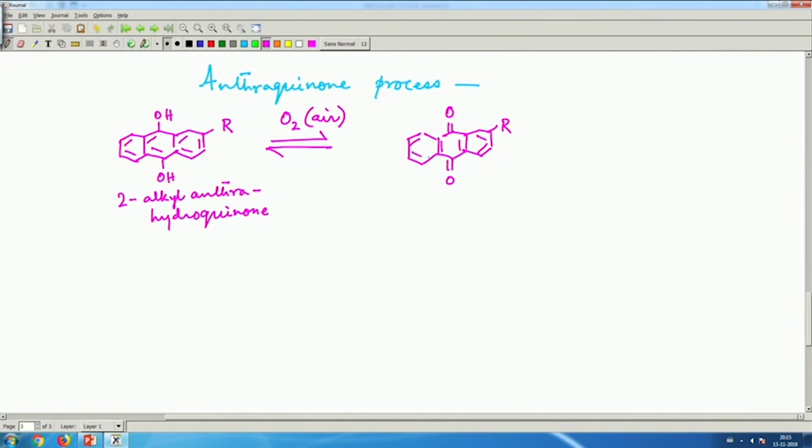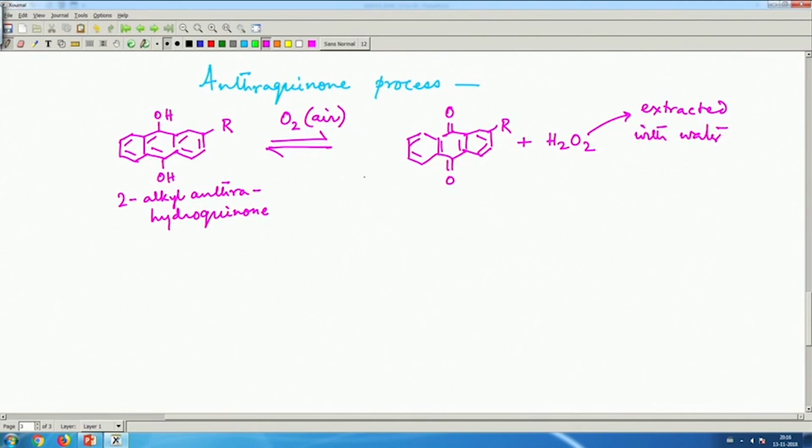So, this quinone is forming, 2-alkyl anthraquinone. When it is forming, it is also giving us the production of hydrogen peroxide. So, this hydrogen peroxide is then extracted with water.